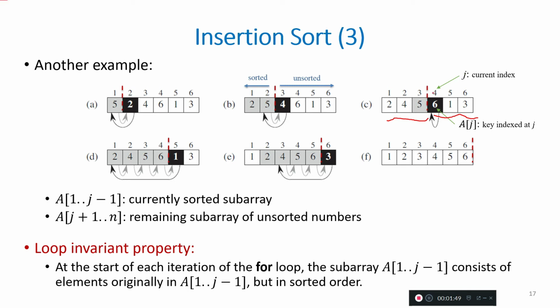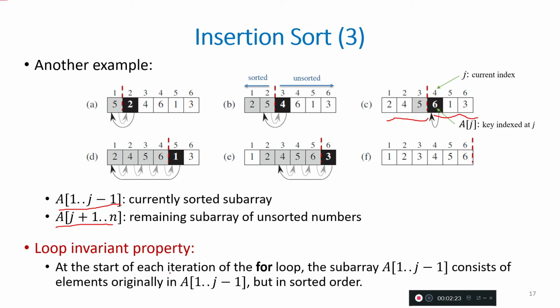If j denotes the index of the house, and A of j is the value inside that house, I can say that every sub-array to the left of this red line is already sorted, while all the numbers to the right of this red line have not been sorted yet. So the left part is this sub-array, and the right part is this sub-array.